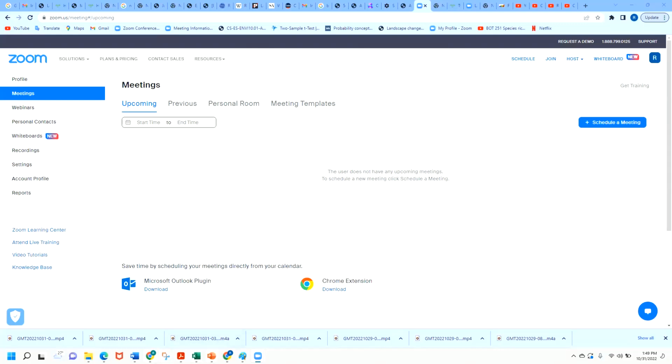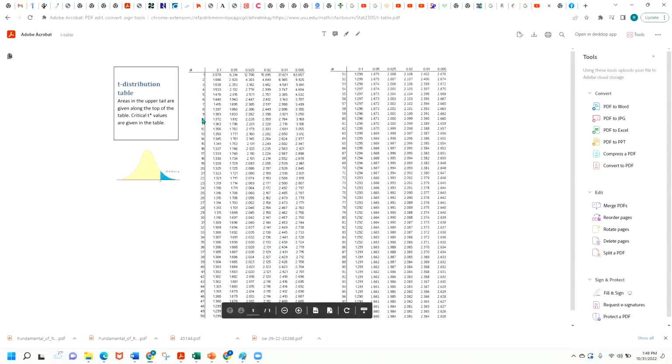This is your critical T table. The cells are the critical values of the T, and the column level gives you the cumulative probability to the right of these T's that are in the cells, right?